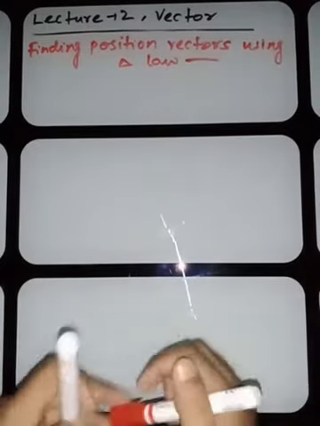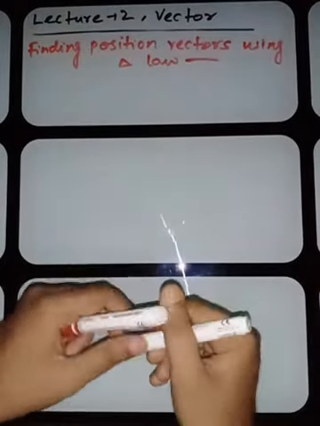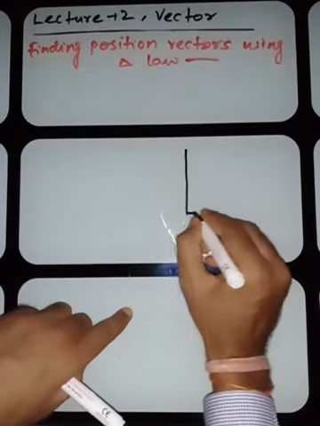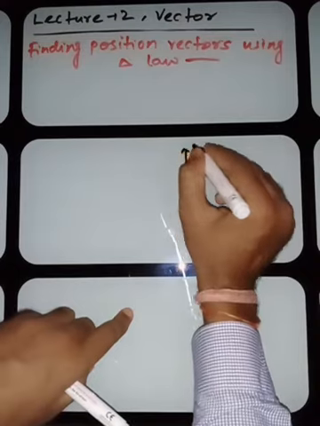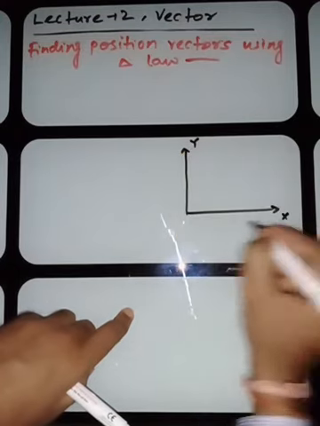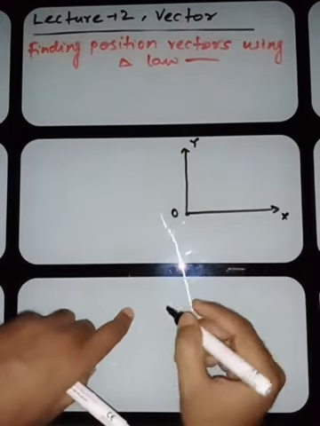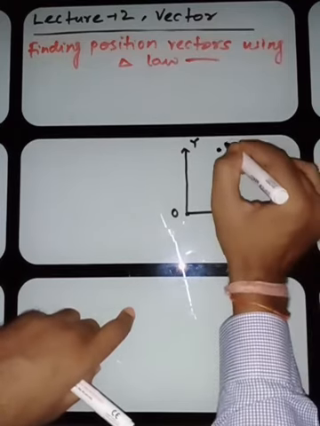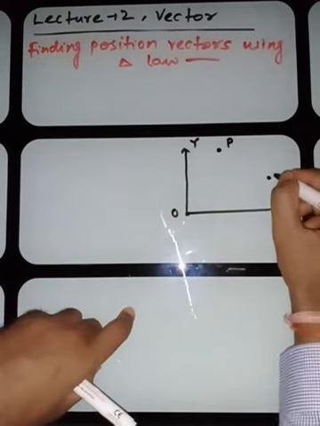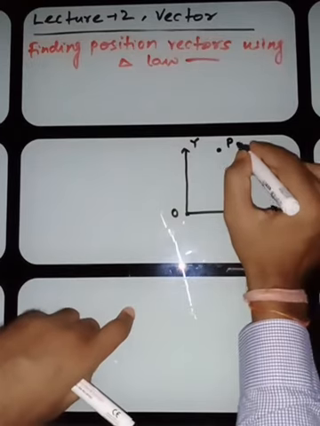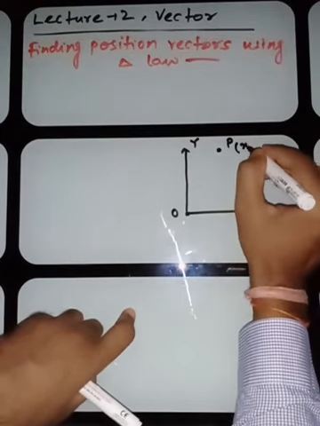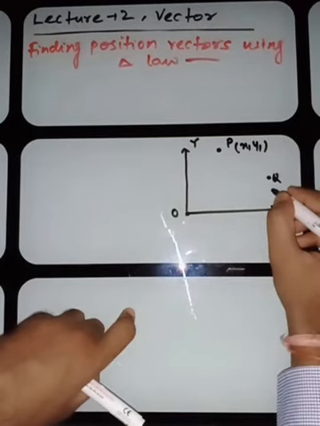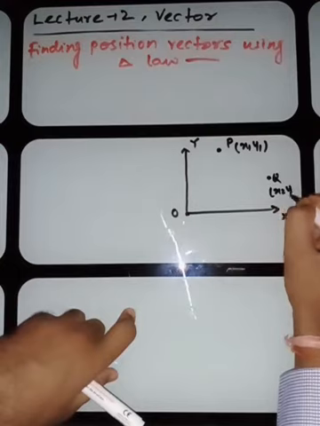Okay, here. Suppose in between these two are the axes x and y, and that's the origin. We have two points here, point P and point Q. For point P we have the coordinates x1, y1, and for point Q we have the coordinates x2, y2.